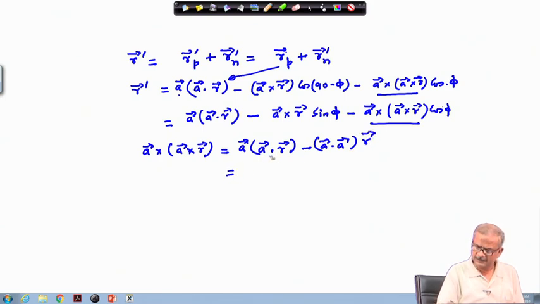Now, a dot r, this quantity, what this is, we have to look into. A dot a, obviously we know this quantity is equal to 1, because the vector a is having magnitude 1.